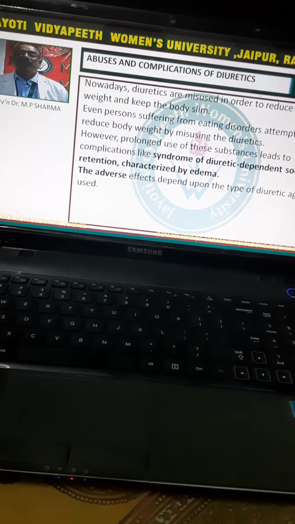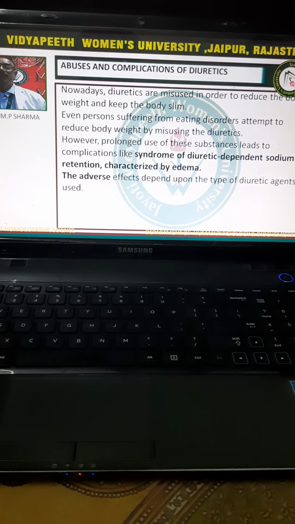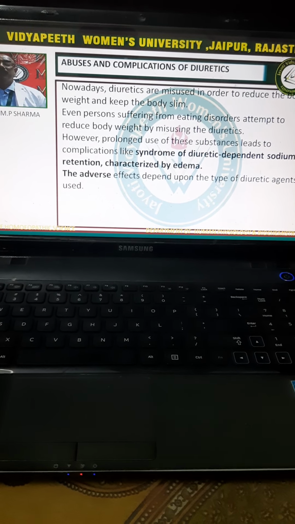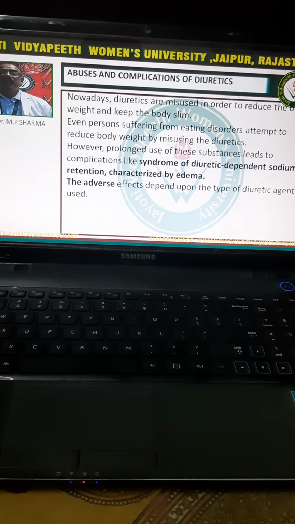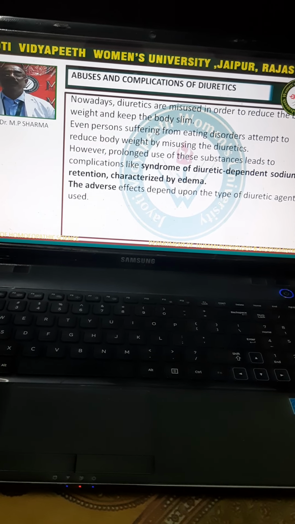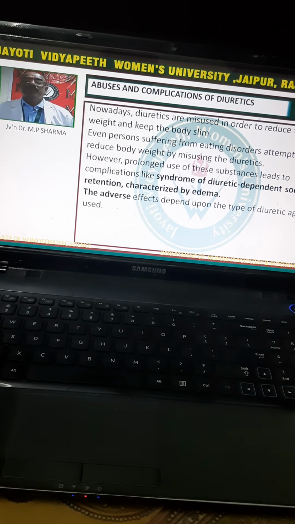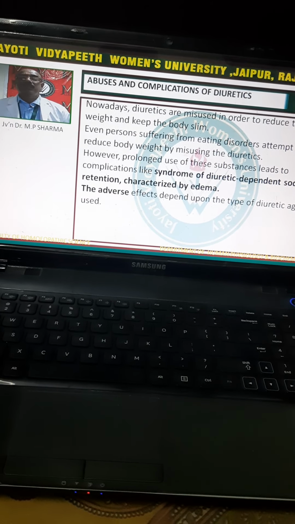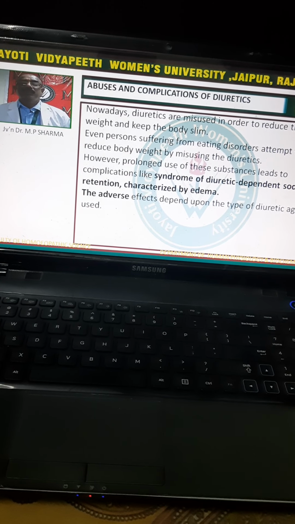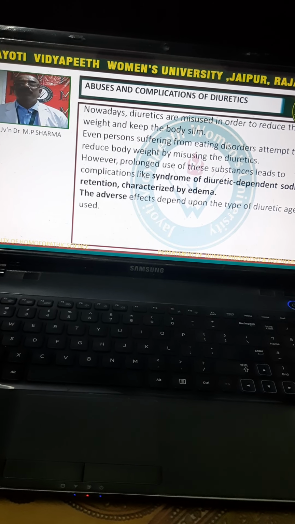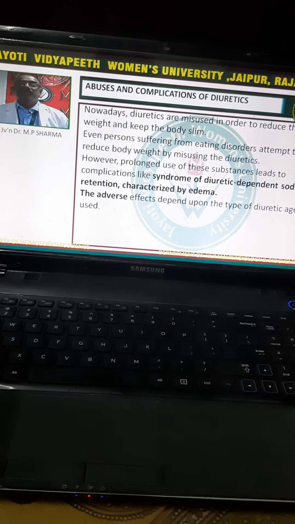Abuse and complications of diuretics. Nowadays, diuretics are misused in order to reduce the body weight and keep the body slim. Even persons suffering from eating disorders attempt to reduce body weight by misusing the diuretics.